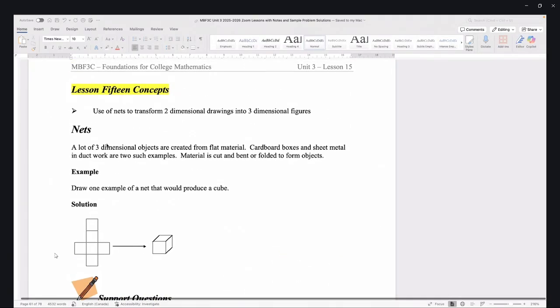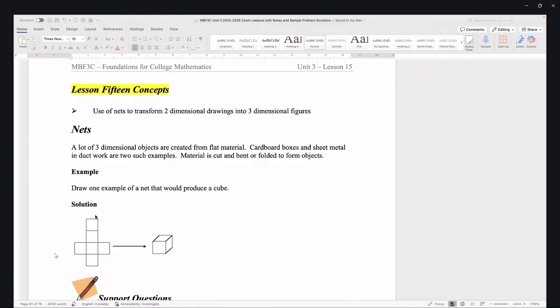So a net is when we have, so we talked a bit about this yesterday, when we make cardboard boxes. When cardboard boxes are made in a factory, they're not actually cardboard boxes. They're actually nets or something similar to a net. And they're on a flat piece of cardboard.